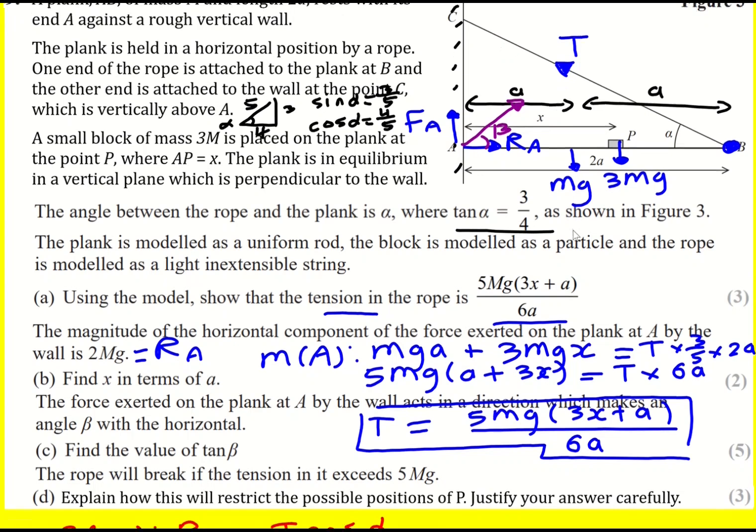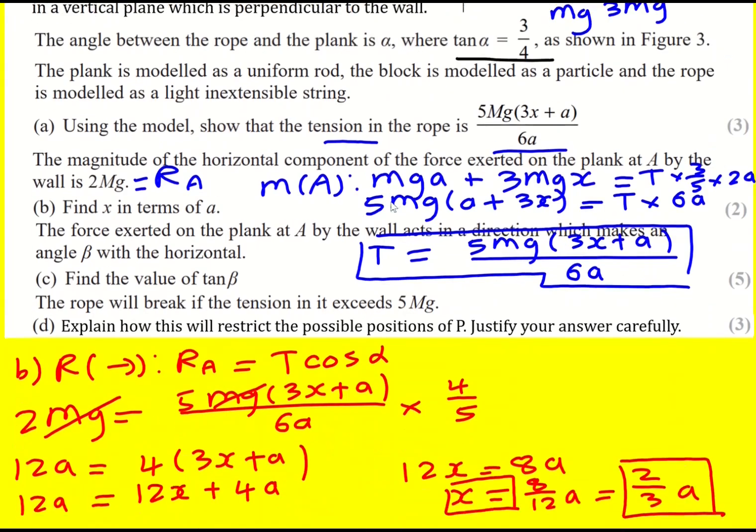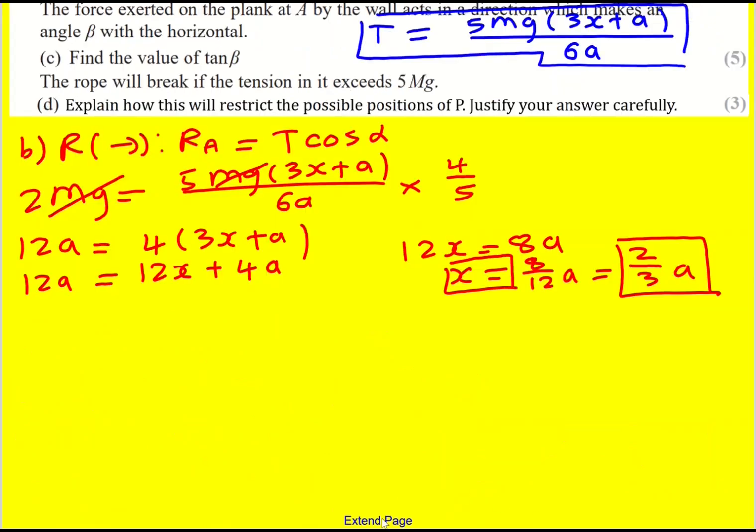That's the plan. So let's resolve forces vertically now. I'm therefore going to get FA plus the component of the tension acting vertically, that's going to be T sine alpha, and that is going to equal the weight of the ladder plus the weight of the block that was on there. Brilliant.